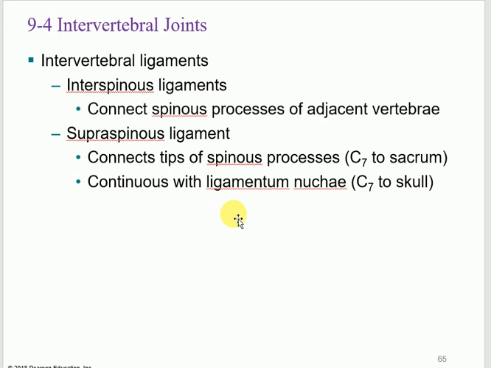All of these are connected: 2 with 3, 3 with 4, 4 with 5, and so on. The part in the neck, from 1 to 7, is called ligamentum nuchae. Ligamentum means ligament, nuchae means neck. This is the ligament in the neck. And the rest is just interspinous ligaments.